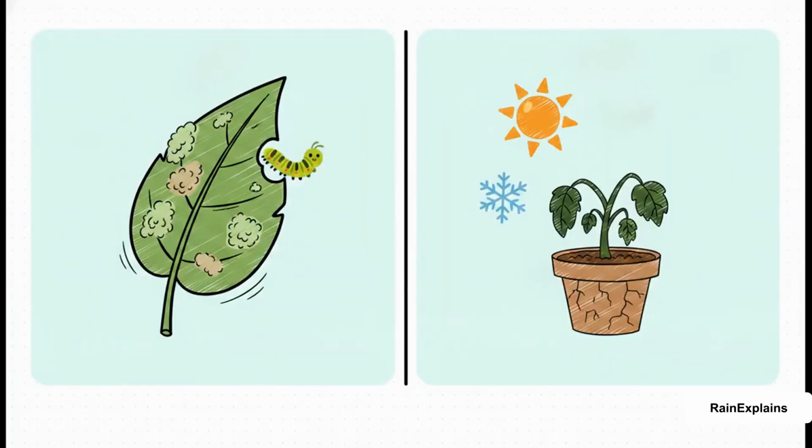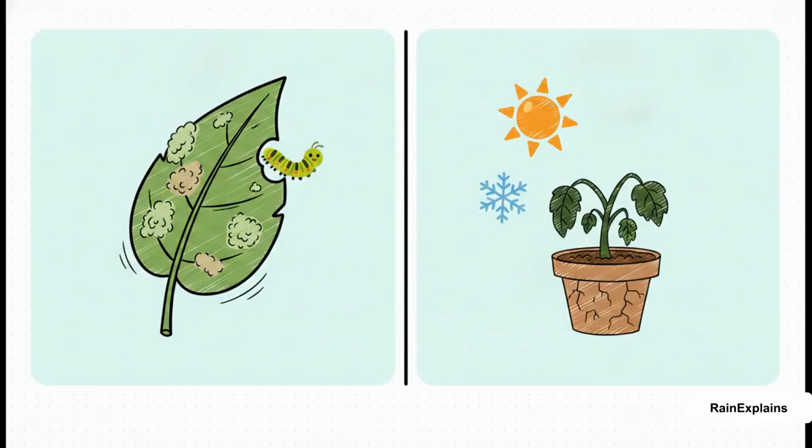When we first roll up to this crime scene, we can't just start dusting for pathogen fingerprints right out of the gate. We've got to divide the world of plant problems into two very distinct categories. We always have to weigh our biotic suspects, and by that I mean the living organisms like fungi, bacteria, viruses, nematodes, and bugs, against our abiotic suspects. Abiotic stressors are the non-living environmental factors.